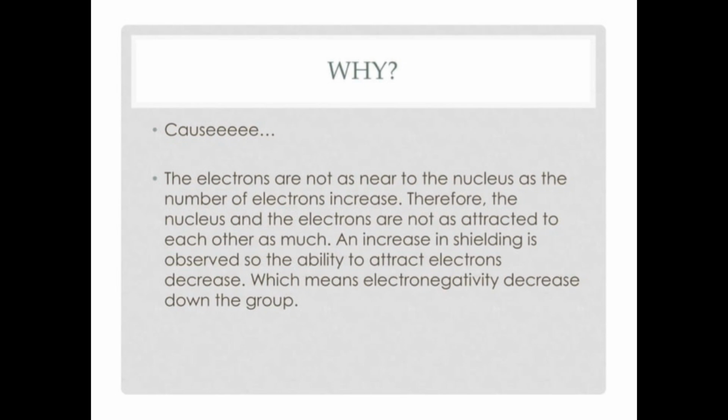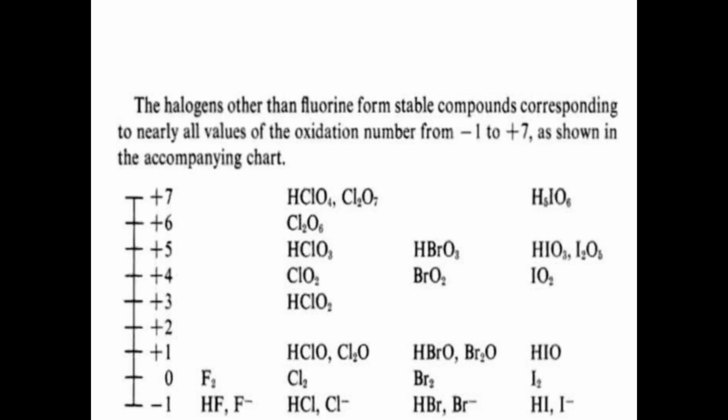So the nuclear attraction will decrease, and of course there is an increase in shielding. The shielding effect increases. So the ability to attract electrons will now decrease, which means that the electronegativity will decrease down the group.